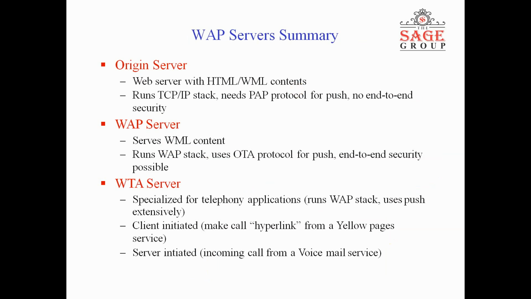WAP server summary: it originates from HTML and WML contents, web servers, WML contents, WAP stacks, OTA protocol for push, and end-to-end security is possible. WTA servers run telephone applications using push, client initiated, with a markup language for yellow pages, and several intents incoming from voicemail servers.